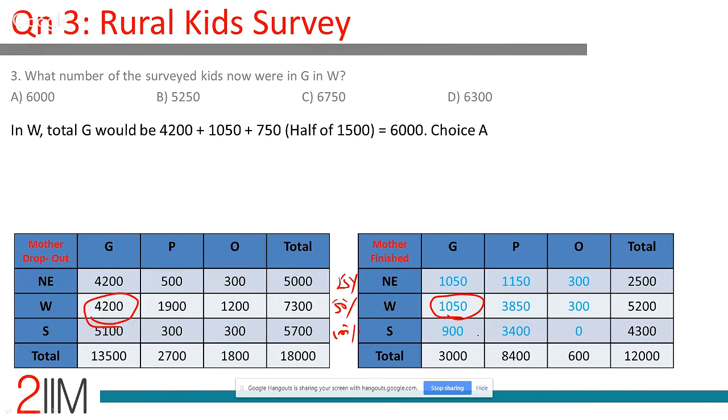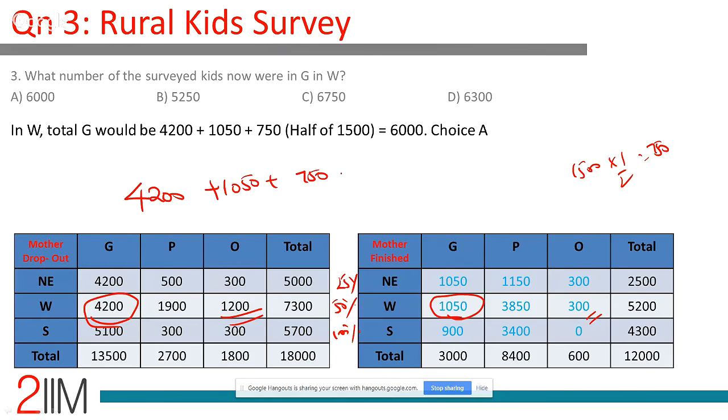On top of that, we get 50% of 1200 plus 300. 50% of 1500. 1500 into half, 750 go from O to G. The total people who will be in G, 4200 plus 1050 plus 750.